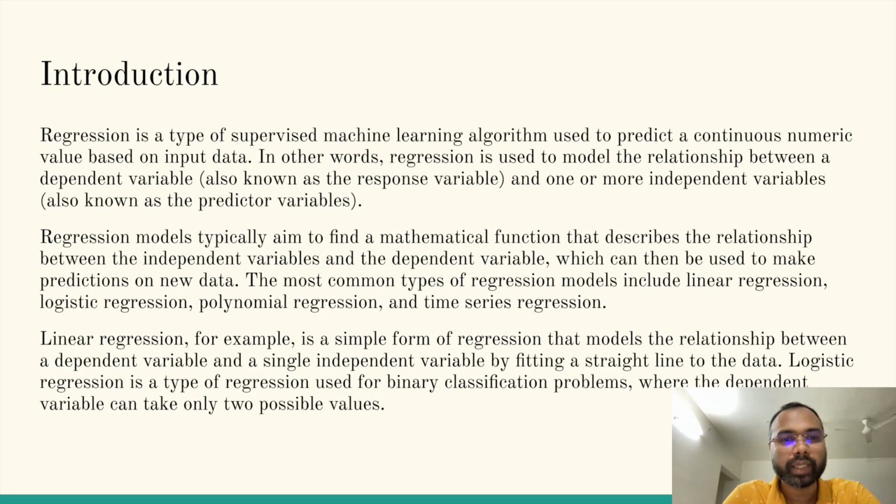So regression is a type of supervised machine learning algorithm. Supervised machine learning, as I had explained earlier, means that you already have some kind of information for your data. Whatever input data we'll be getting in the real scenario, we already have some data with values, either labels or numerical values.